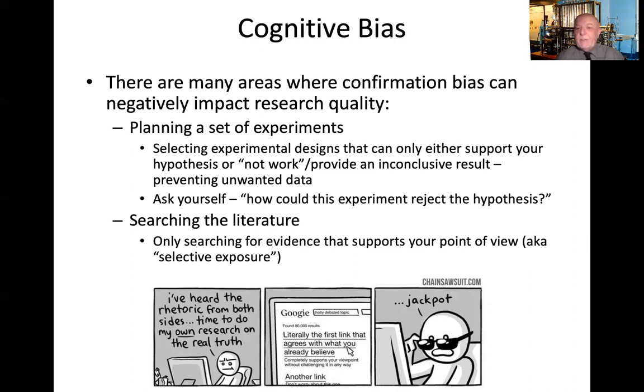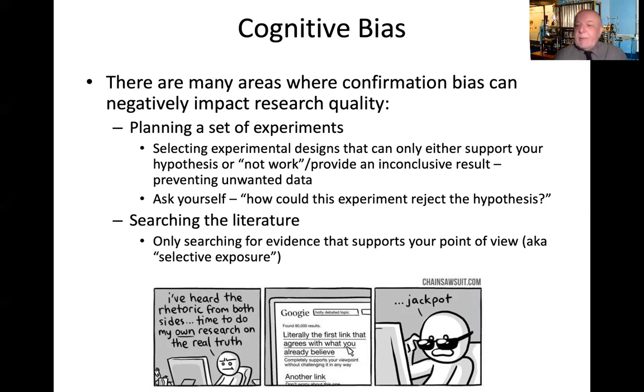So ask yourself, in this module, when you read other people's papers: could the experiment have actually rejected the hypothesis? Did they give themselves a chance of actually rejecting the hypothesis?